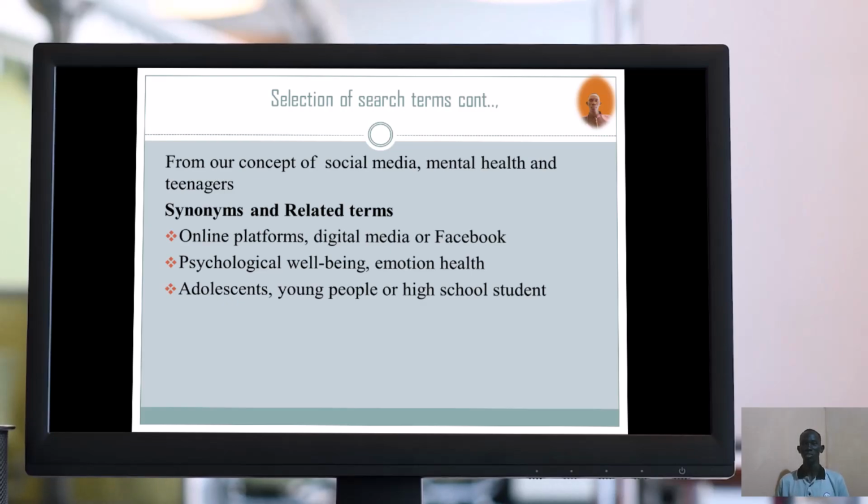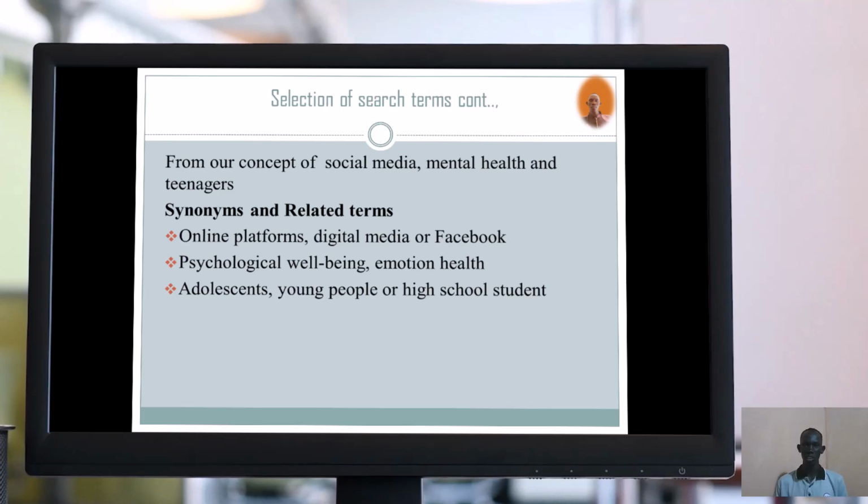Secondly, for mental health, someone may be using psychological well-being or emotional health, which is similar, but authors use them differently. And for teenagers, someone may be using adolescents, young people, or high school students. Those are some of the synonyms and related terms.